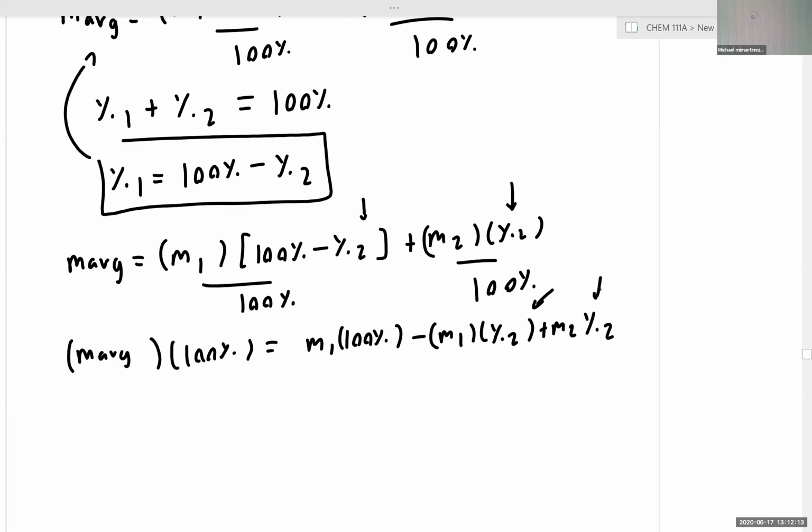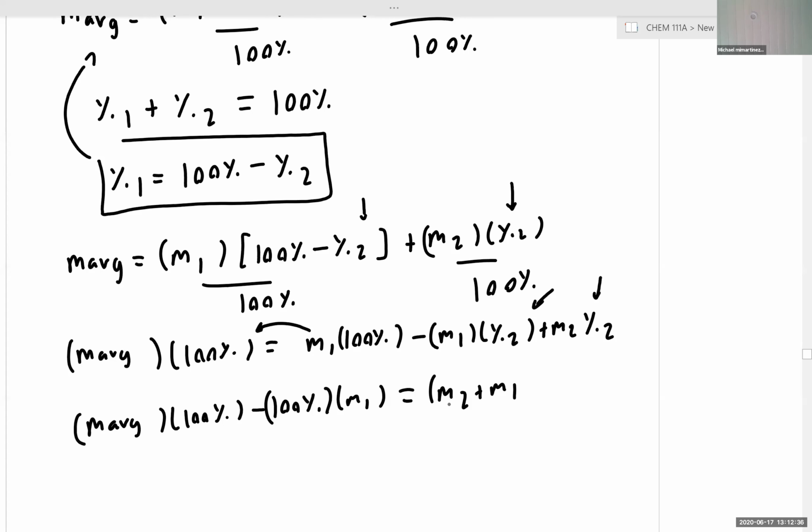Now we have two terms with the same variable next to them, so we're going to move this term to the left. We get the average atomic mass times 100% minus 100% times the mass of isotope 1 is equal to the mass 2 minus the mass 1 times the percentage of isotope 2.